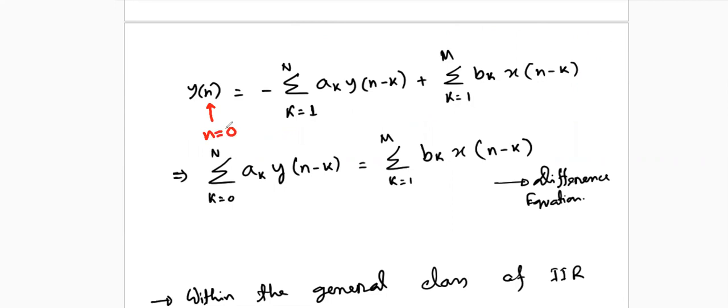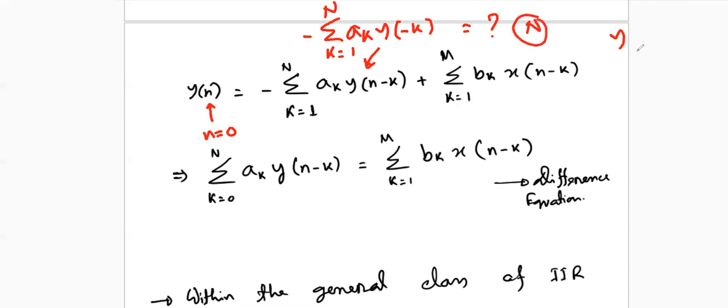in that case, we'll have this value as y[n minus k], a_k, and it is k equals 1 to N. So how many values are there? You have N number of delayed, that means the feedback.